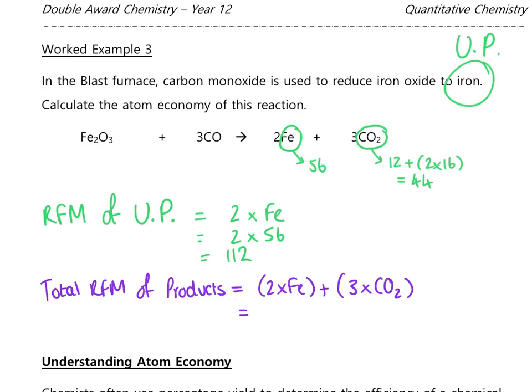This is why it's helpful to have those RFMs worked out before, but you need to remember that you don't include the balancing numbers in the RFM, you just do that once. So 2 times iron is 2 times your 56, plus 3 carbon dioxides is 3 times 44. Put that into your calculator. It should come out as 244.